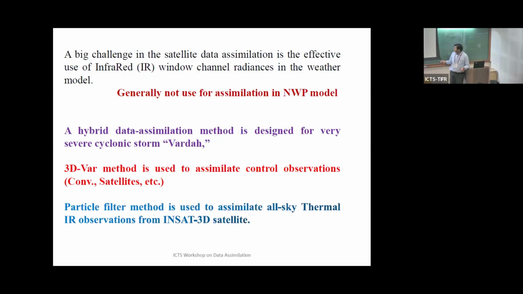Then in addition to this, I use a similar experiment in which, in addition to 3DVar, we also use the all sky TIR channel. So this is my design of experiments. I perform two identical experiments: one with the variational method only, in which I use all the conventional and satellite observations, and another in which, in addition to my control, I also include the satellite radiances which are in general not used for assimilation.